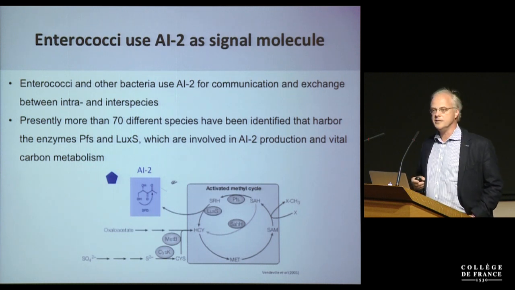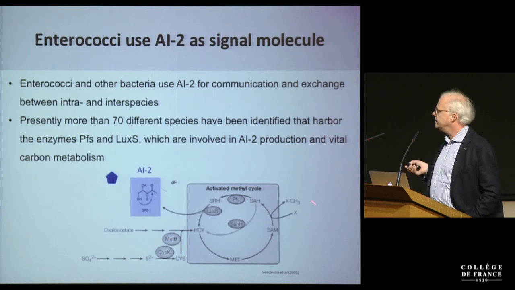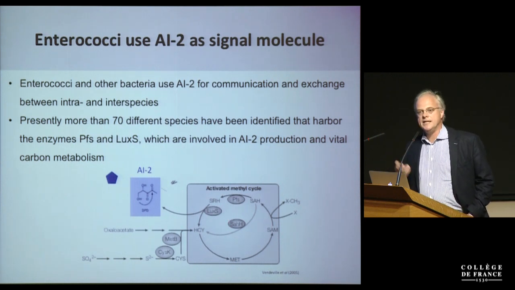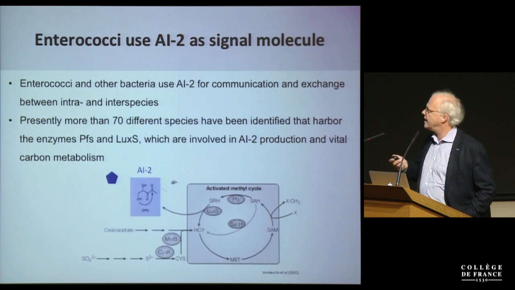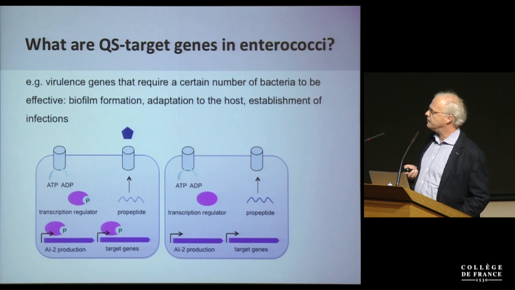Currently, more than 70 different bacterial species harbor this pathway with LuxS genes. So there was a good chance that Enterococcus also has autoinducer 2 as a quorum sensing system.